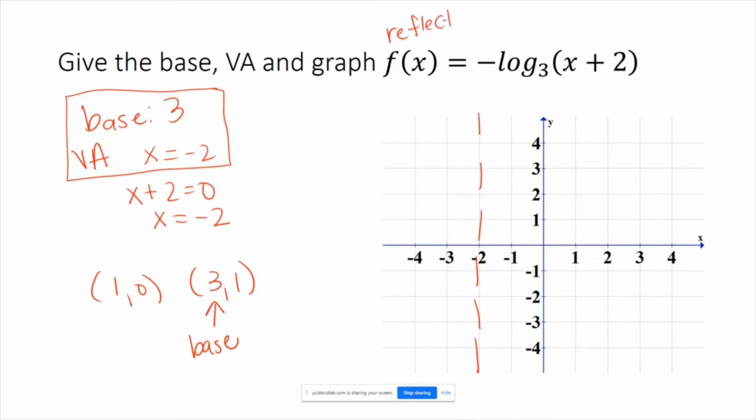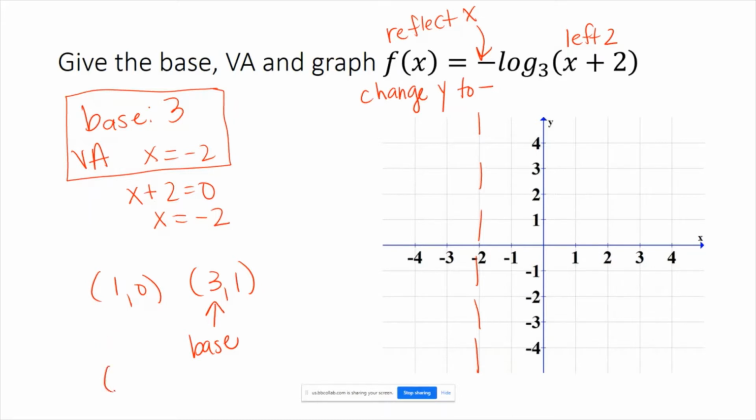The negative means I need to reflect over x. Remember that was change your y values to negative. And I have a plus 2, which means I need to move in the backwards direction, left 2. Nothing is added to the end, so I'm not going up or down.